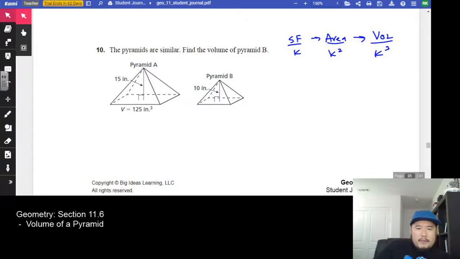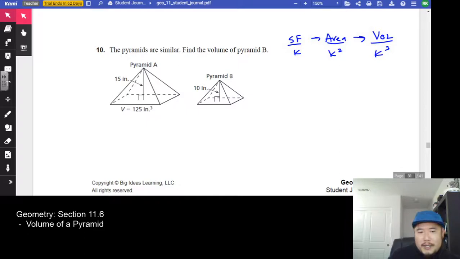So in order to find the volume of similar pyramids, we need to use the ratios to help us find the equal volume.